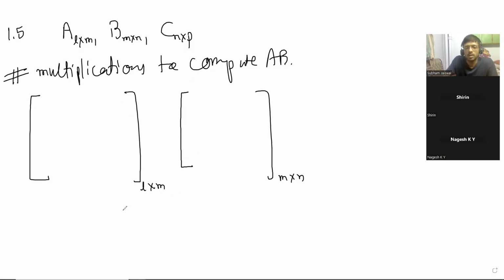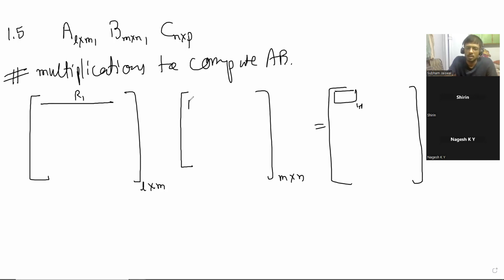So what do we do, right? To find, so in the product, so this is a product. How do you find the 1,1 entry of this? Like, according to the rule? First row into the second matrix's first column. That's it, right?